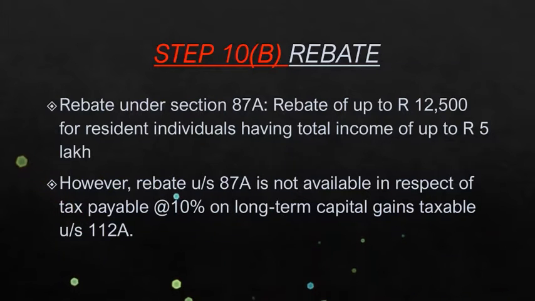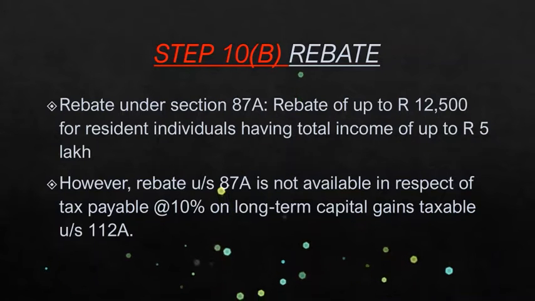Rebate under Section 87A: rebate of up to ₹12,500 per resident individual having total income of up to ₹5 lakh. However, rebate U/S 87A is not available in respect of tax payable at 10% on long-term capital gains taxable U/S 112A.